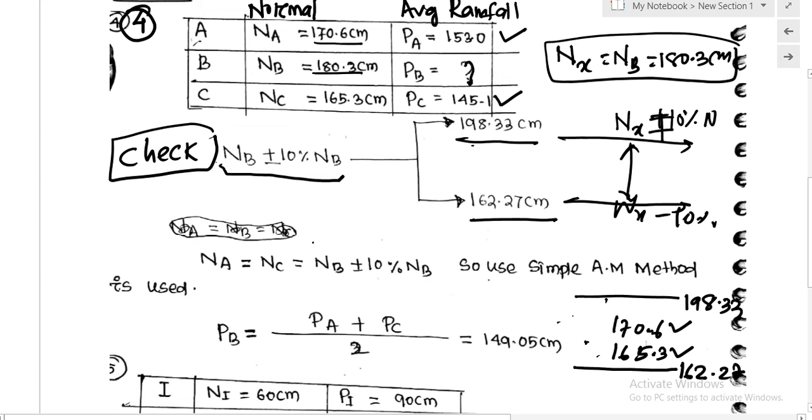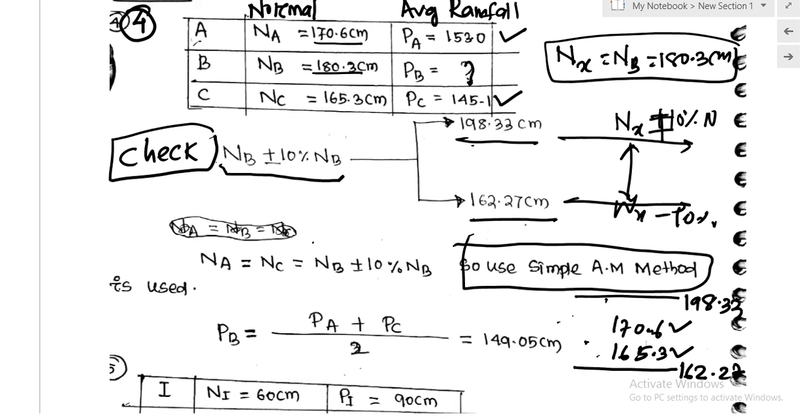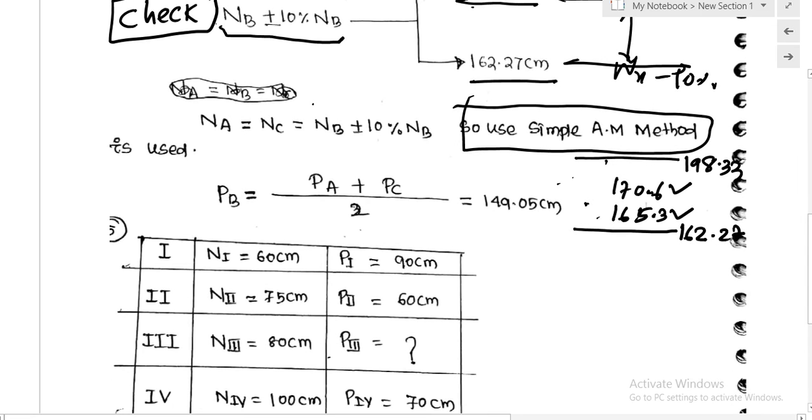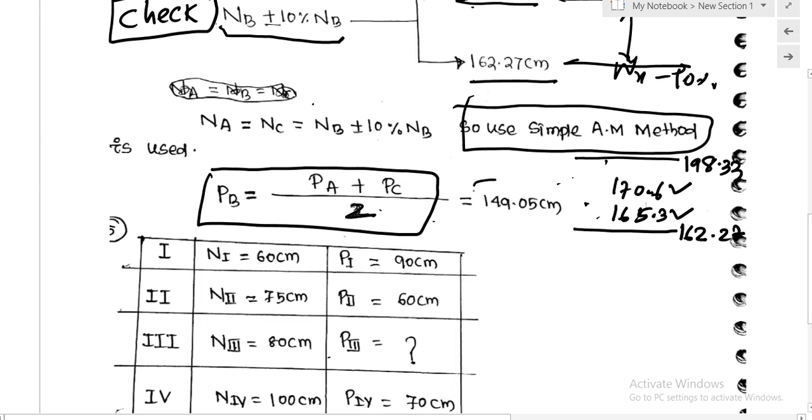So we can simply use the arithmetic mean method to estimate the missing rainfall data. If at all one of the data does not lie within this range, then you have to go to the normal ratio formula. So simply take the arithmetic mean of the recorded values, PA plus PC by 2, and this is 149.05 centimeter.